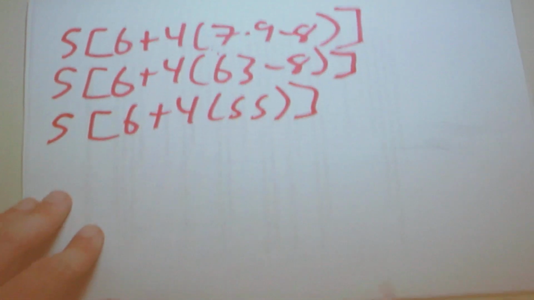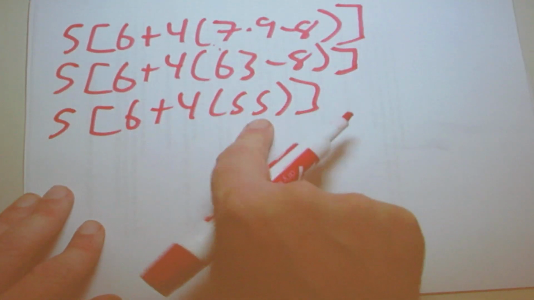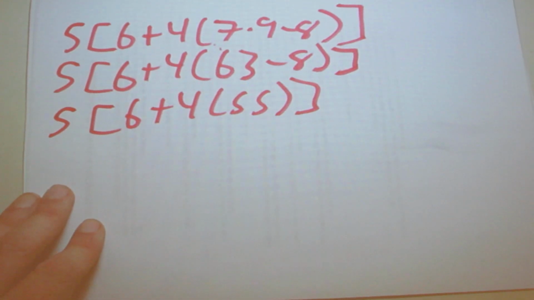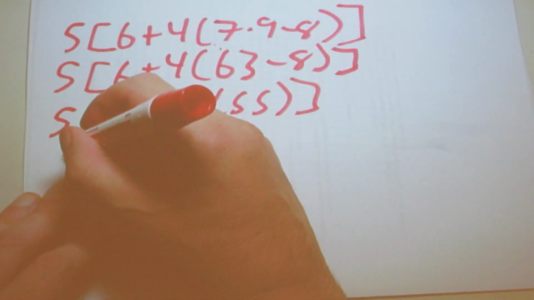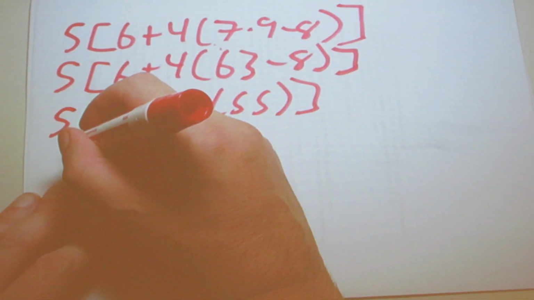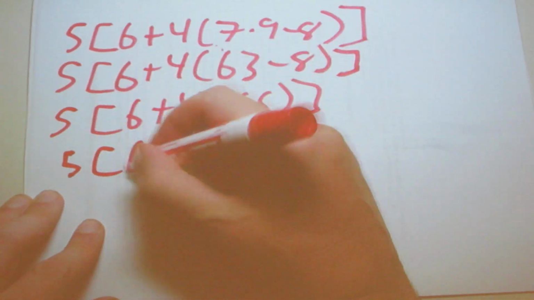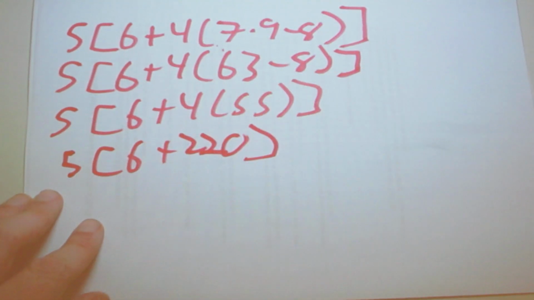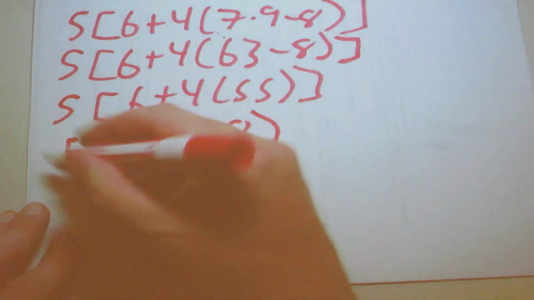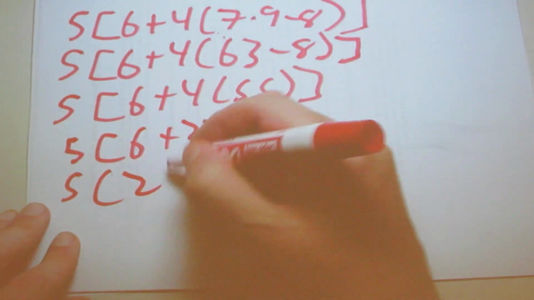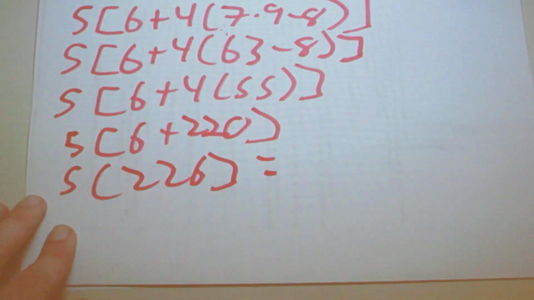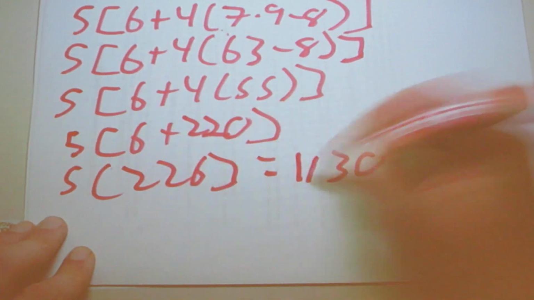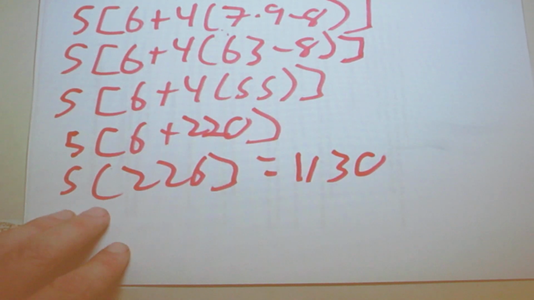And now we're going to do what's still inside, the multiplication, 4 times 55, which is 220. 6 plus 220 is 226. And then we're going to add these. 5 times 226. Now we're going to do our final multiplication, and we're going to get 1,130.